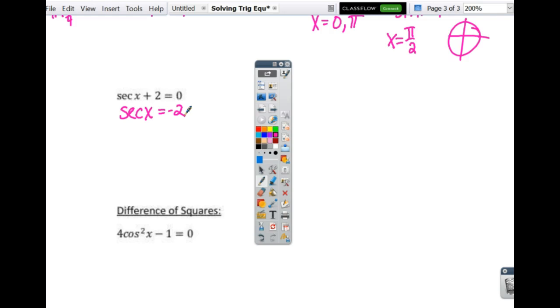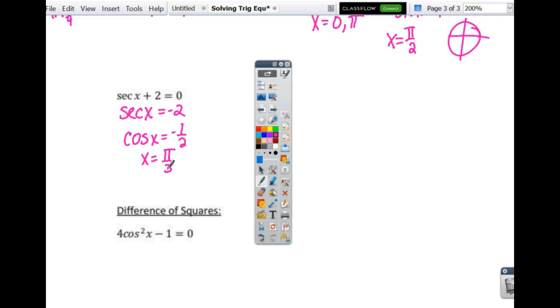-1/2, right? So can I do the cosine? So where is the cosine of -1/2? First of all, where is the cosine 1/2? Pi over 3? So it's positive at pi over 3, right?